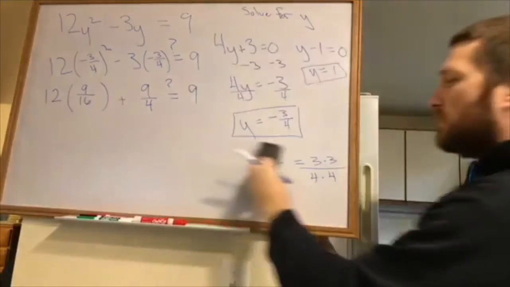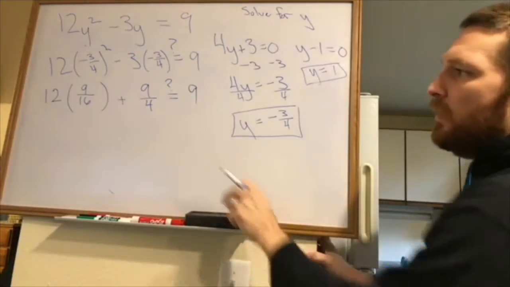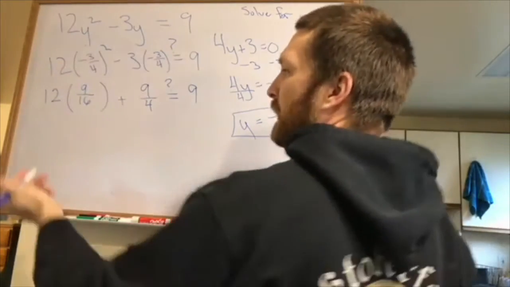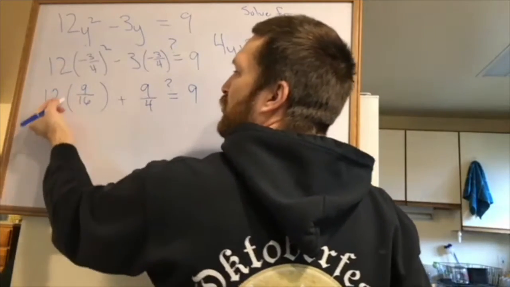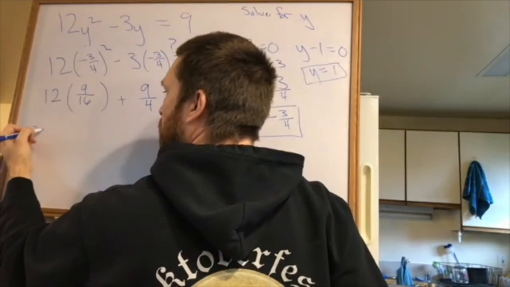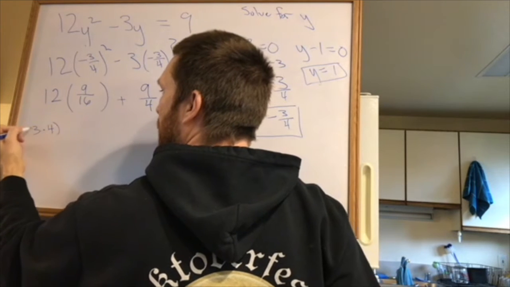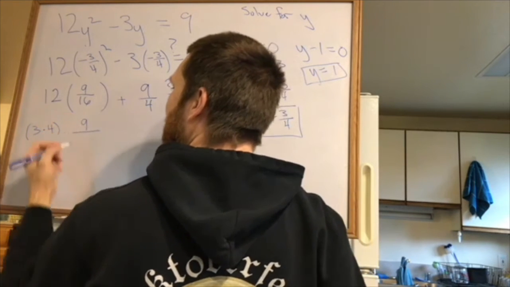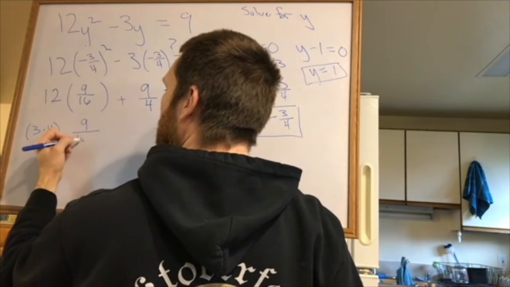Okay. So, real quick, let's just see. I'm going to go ahead and just do this. I'm going to say 12 is 3 times 4. I'm going to rewrite it like that. Times 9/16, but 16 is 4 times 4.